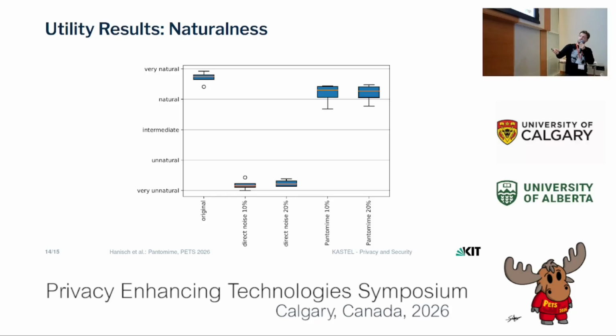Then we have these direct noise examples that I showed you in the beginning. Of course, they don't score well, but it's nice to validate. And this 10% means that it's down to 10% identification, or here 20%. And then when we look at our approach, we can increase the naturalness a lot and get much better results for that.